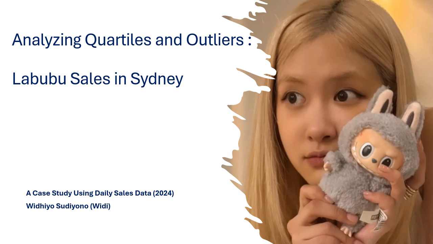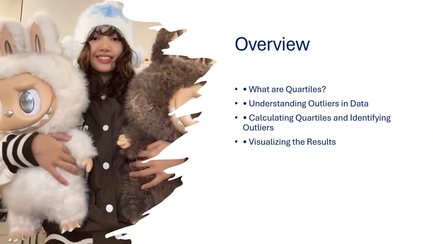Okay, today we are going to analyze quartiles and how to spot outliers. And today we are going to use the data of Labubu sales in Sydney in 2024. Okay, to identify outliers, we have to start with understanding the quartiles.